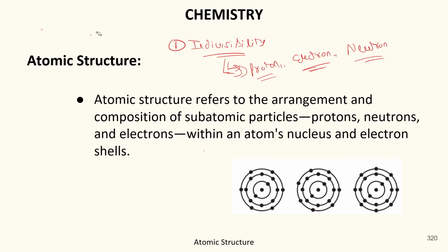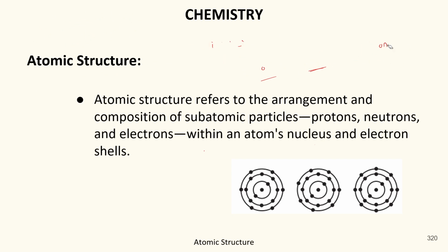Here we have come to know about three more words: proton, electron and neutron. We know that these are the parts of the atom, but we should know some things about them. First is the proton. Basically, protons are positively charged particles.